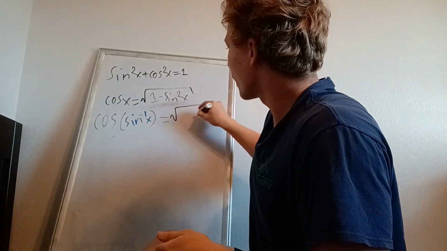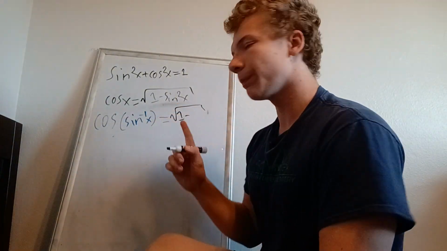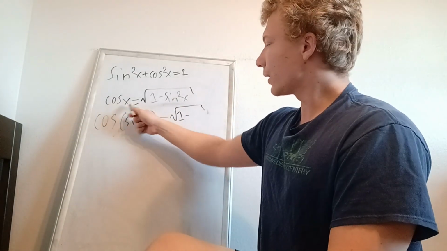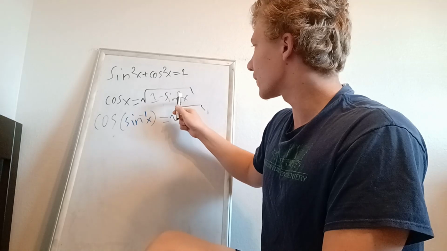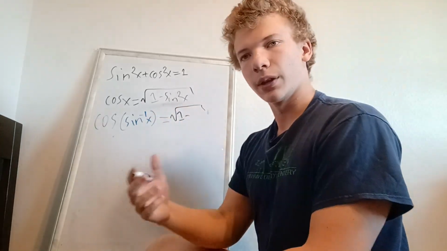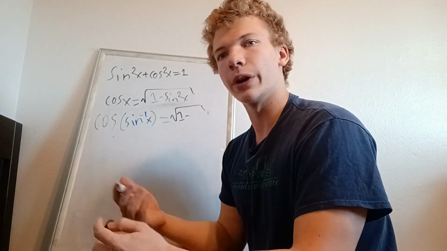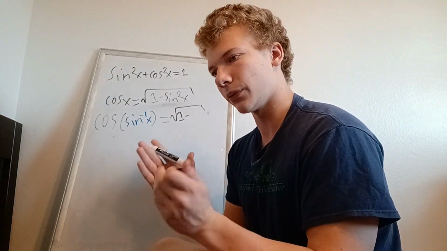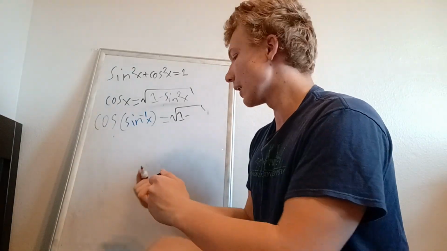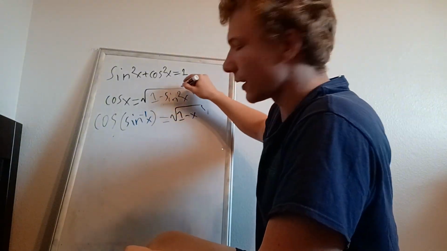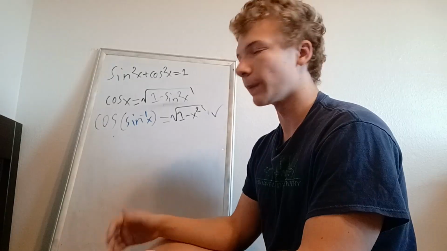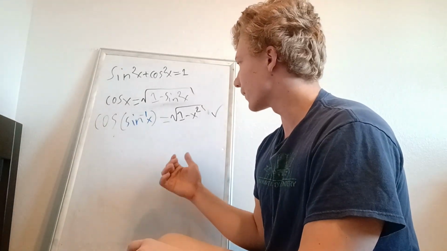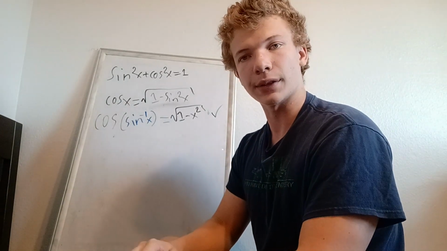This square root won't change, this 1 minus won't change, but the x over here is the same x here. So the arcsine x here must be the same arcsine x that is going here. But what's sine of arcsine? Well, because you're taking the function of the inverse function, by definition, you just get x, and then it's still squared. So we see that this is true. Cosine of arcsine x is equal to the square root of 1 minus x squared.